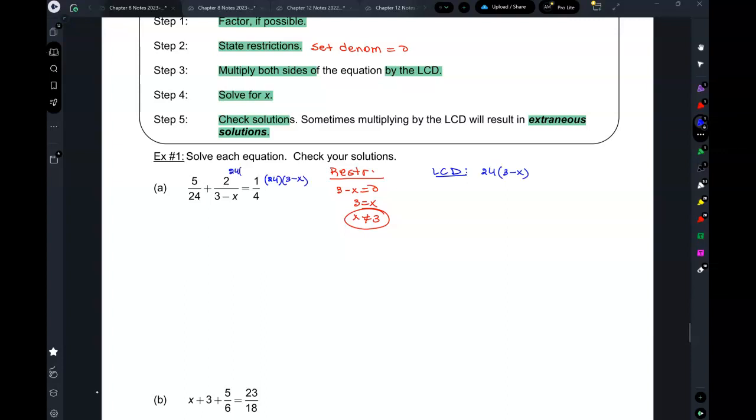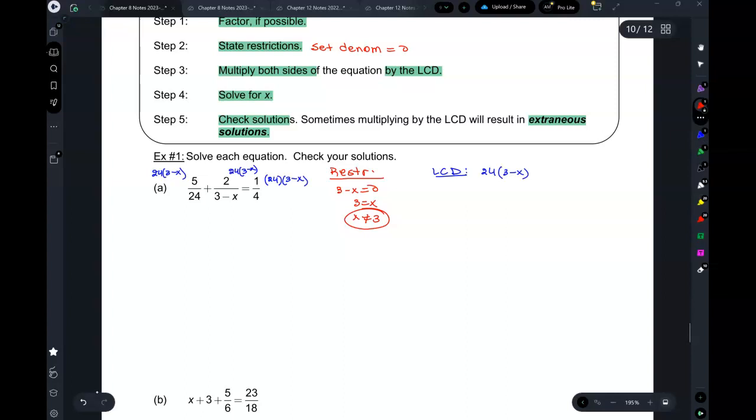This one, 24 times 3 minus x. This one, 24 times 3 minus x. Now, this is the most important step. You have to be equal opportunity here. You have to multiply every single term by this. Every single term.